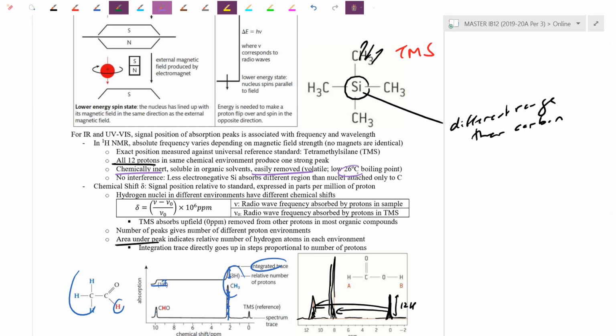So that's why we use TMS as a reference for our shifts. Our shift would depend on the actual external magnetic field, but hopefully I can measure the shift away from TMS because both the TMS and my actual chemicals are in the same field. I can still measure how far away, how far downfield. Okay, downfield is a bigger shift. How far downfield are my signals.